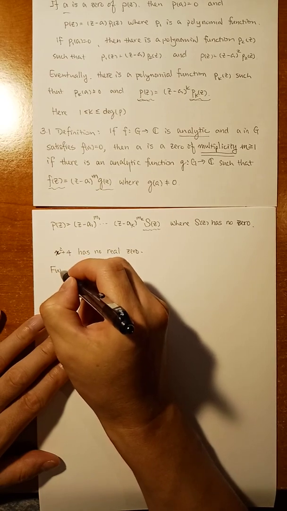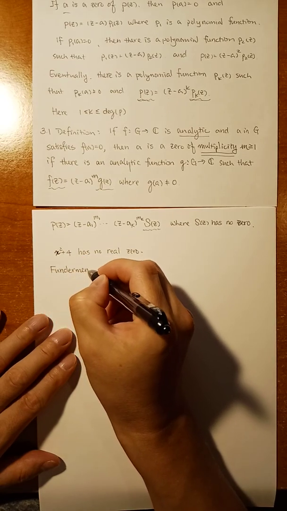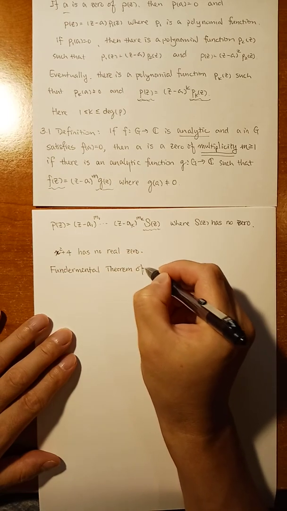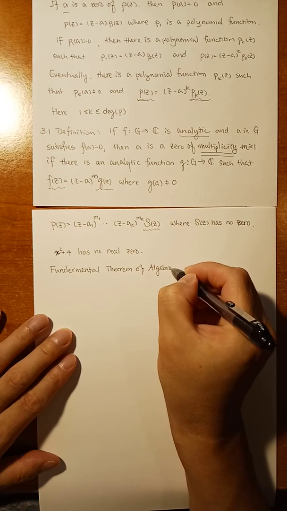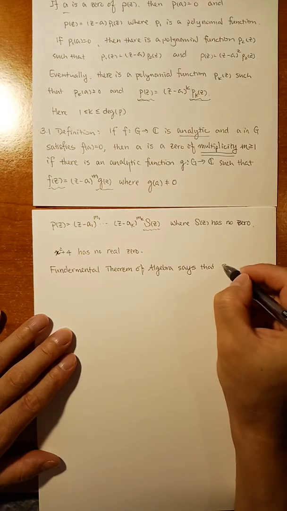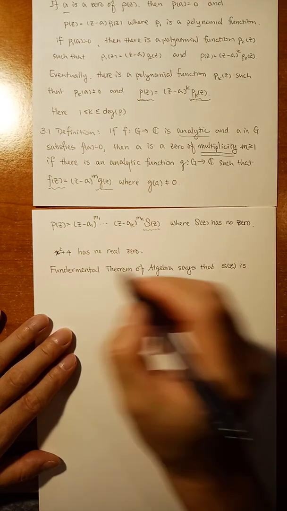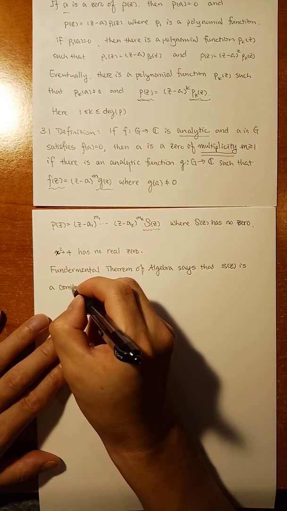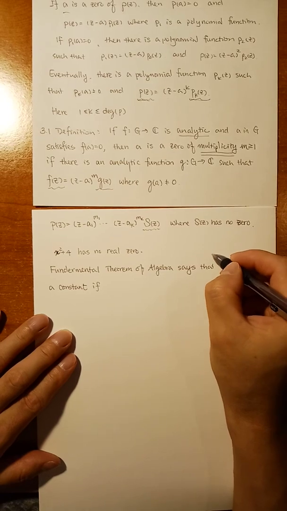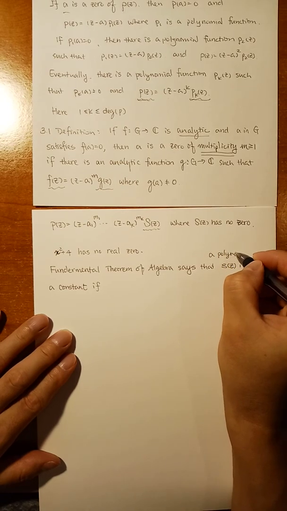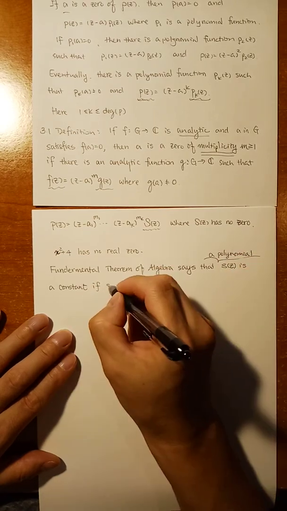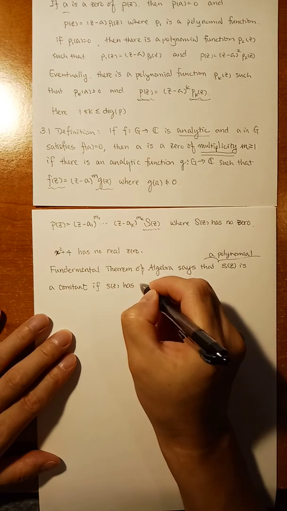So the fundamental theorem of algebra says that a polynomial, let's make it clear, a polynomial S of z is a constant if S of z has no 0.